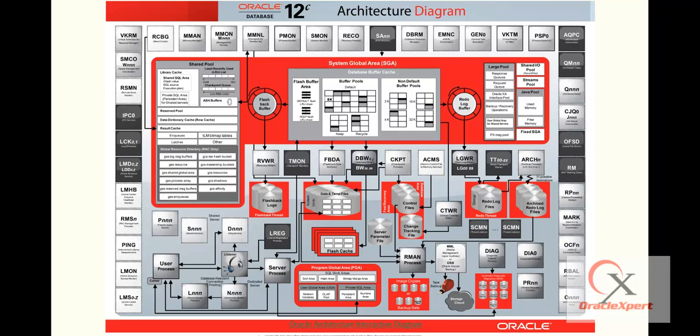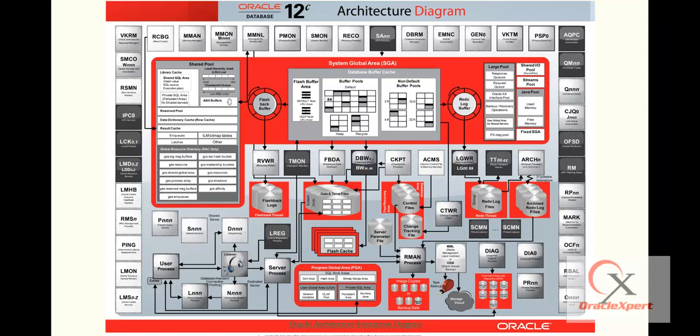The SNNN, the shared server process. In the shared server architecture, clients connect to the dispatcher process, which creates a virtual circuit for each connection. And the dispatcher in turn then talks with the shared server process.